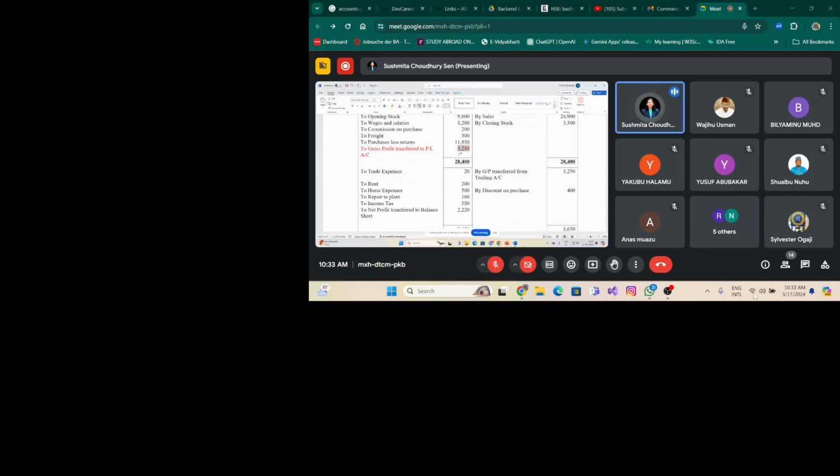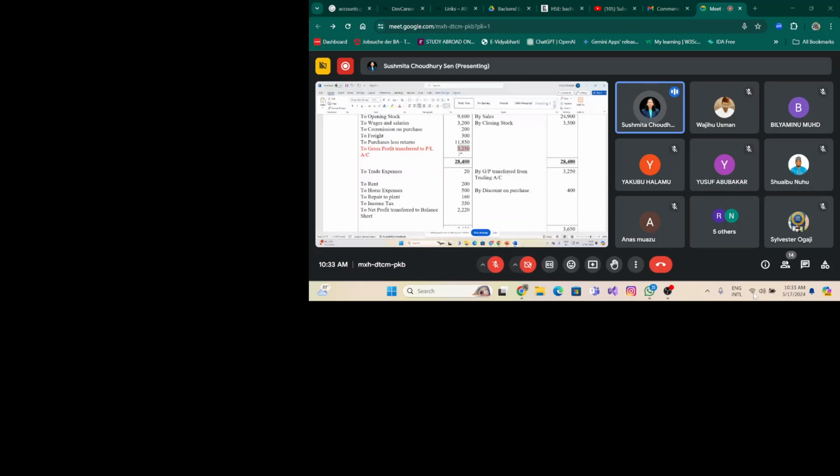So, in the continuation of the trading account, an accountant needs to prepare the profit and loss account too. In the profit and loss account, we need to take out incomes and expenditures which are not linked with manufacturing, but rather with the office.